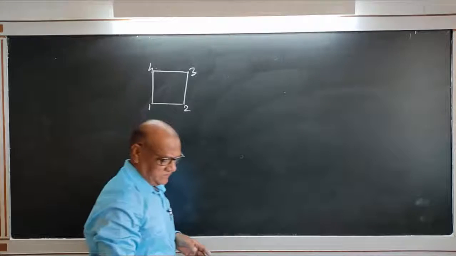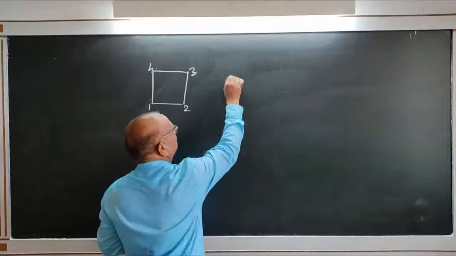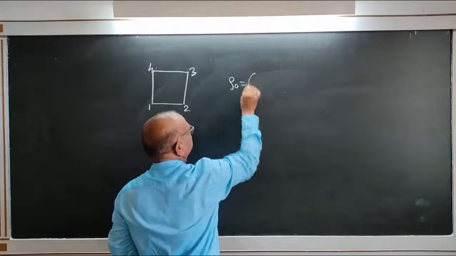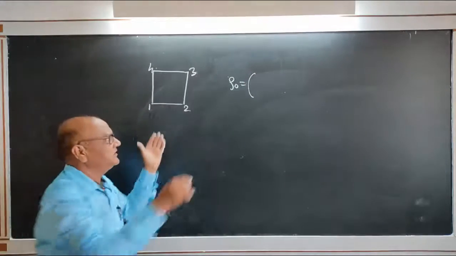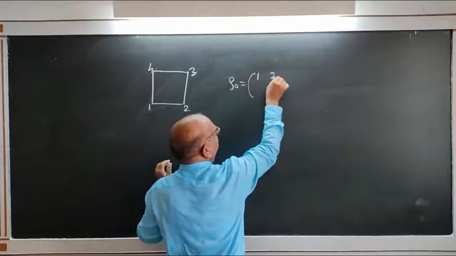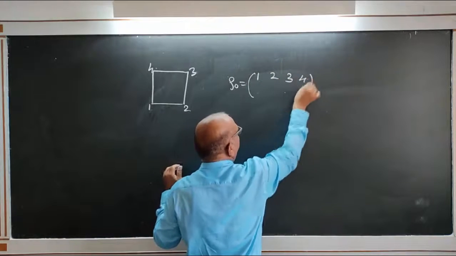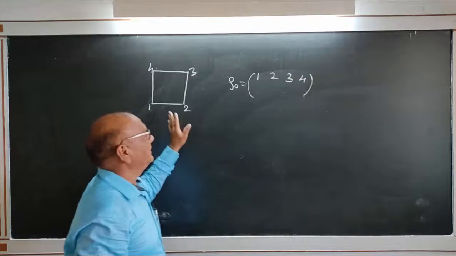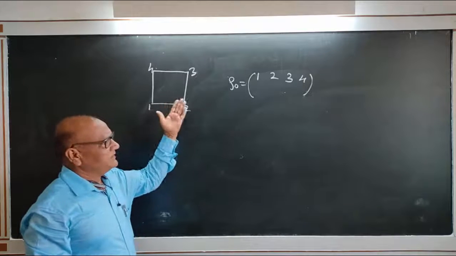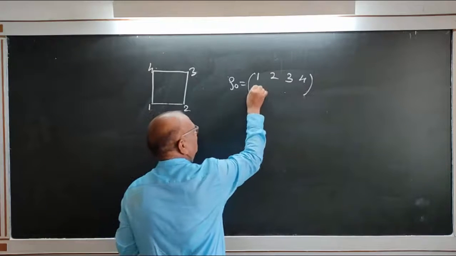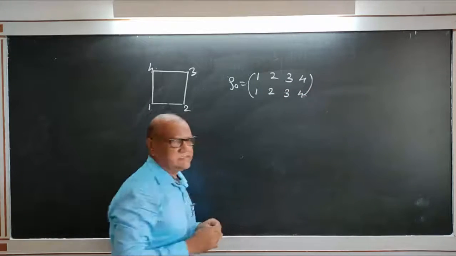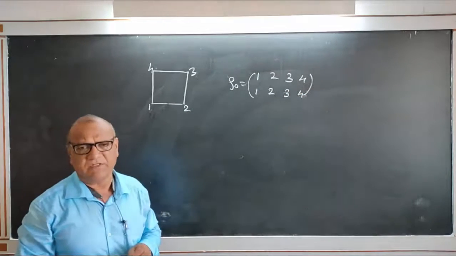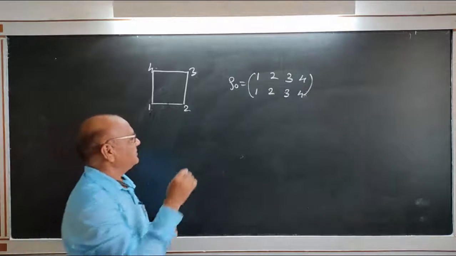Now for rotations, rho 0 means 0 degree rotation, that is no rotation. Then 1 goes to 1, 2 goes to 2, 3 goes to 3 as it is. This is the identity permutation.